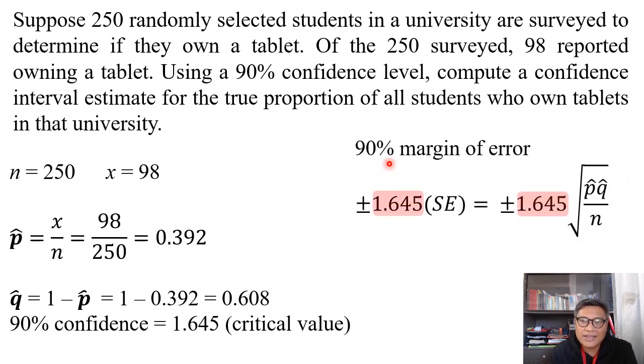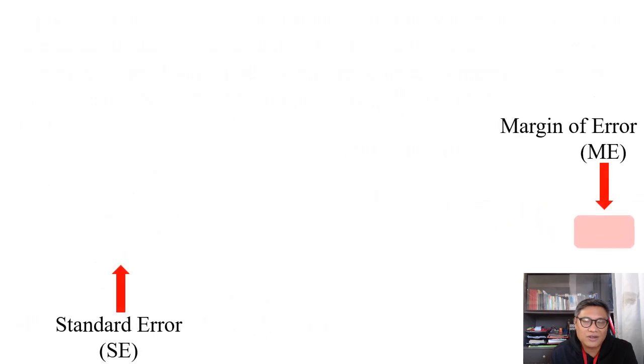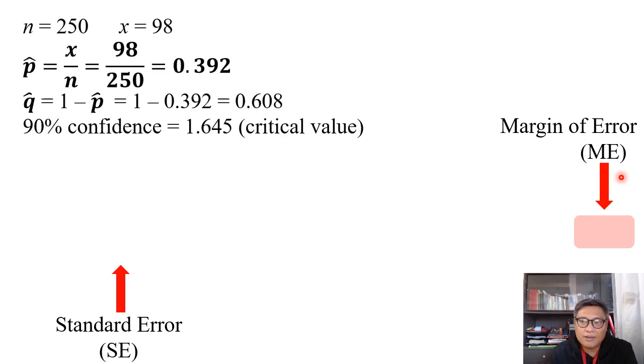So at 90%, our margin of error formula would be 1.645 times the standard error for the proportion, which is this formula, class. We use this formula to solve for the margin of error at 90%.